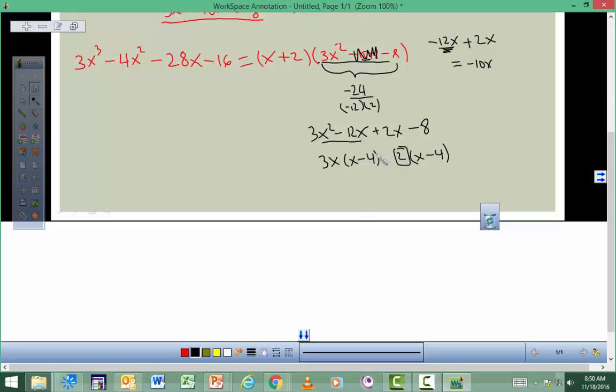And then you can see the final step would have been 3x plus 2 and x minus 4. And so then this is the first factor, x plus 2. So the AC method would have given you the same answer. And whatever method you like best, you can go with. But this is equal to our original function f of x. And now it's factored.